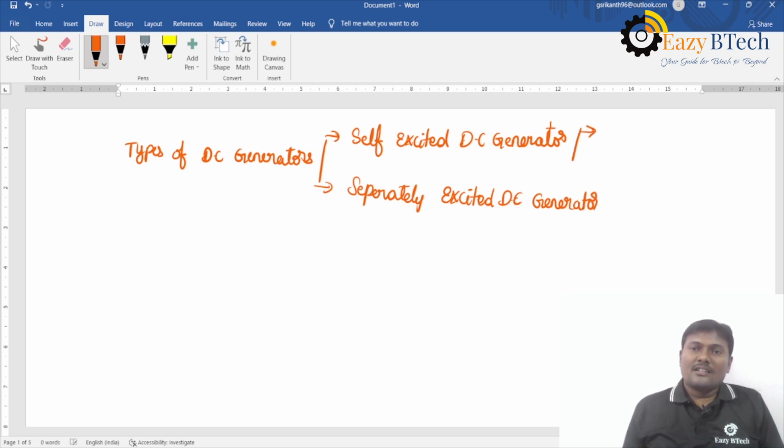In this self-excited DC generator, we have a DC shunt generator, DC series generator, and the third one is DC compound generator.